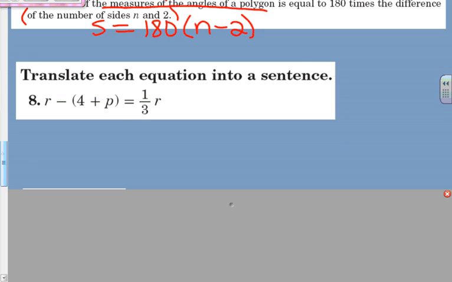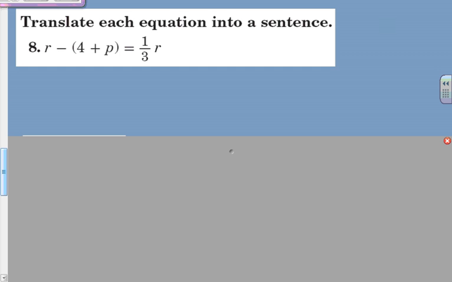You're also going to be asked to put an equation into words or into a sentence. So this could be done a number of ways. There's going to be a number of correct answers here.